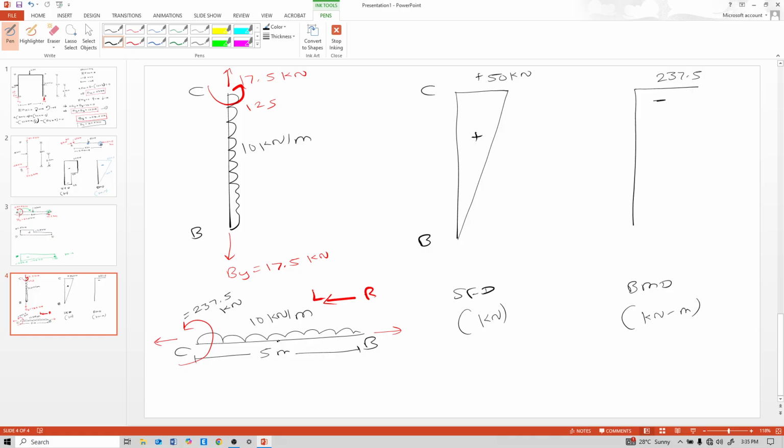Now calculate at middle of this point. That means from right calculate it. 10 into 5 into 5 by 2 is 125, and change sign, minus 125, so minus 125.